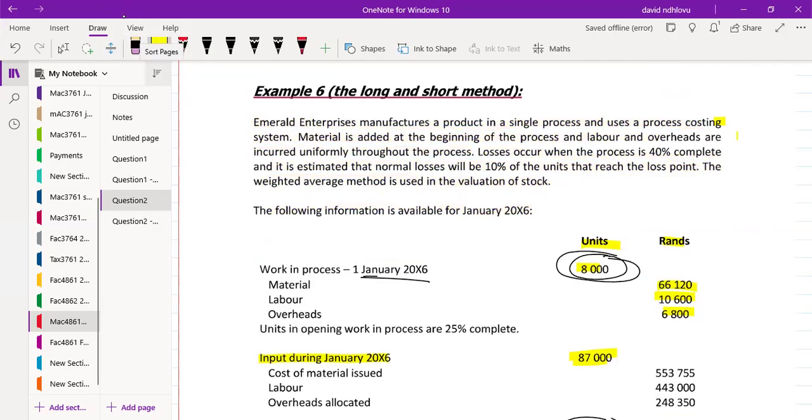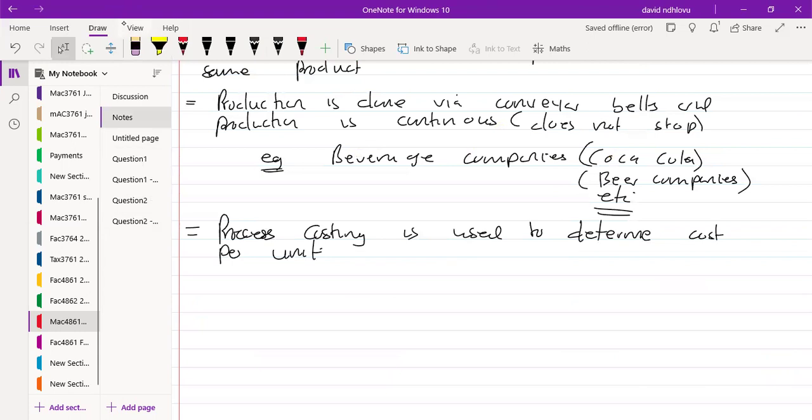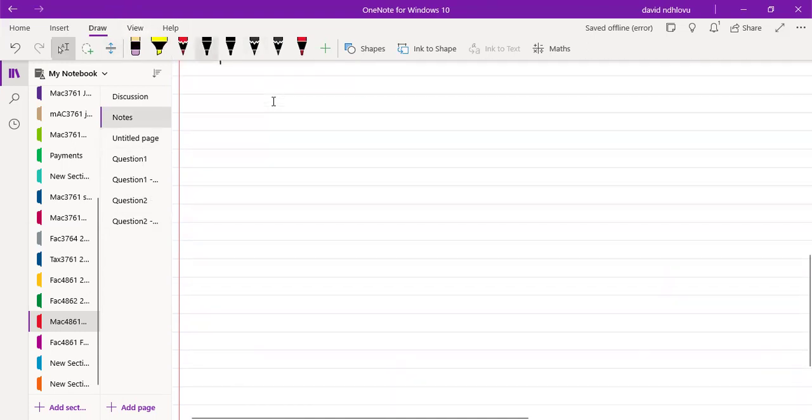They say losses occur when the process is 40% complete, and it is estimated that normal loss will be 10% of units that reach the loss point. So let's give a few notes here on losses.